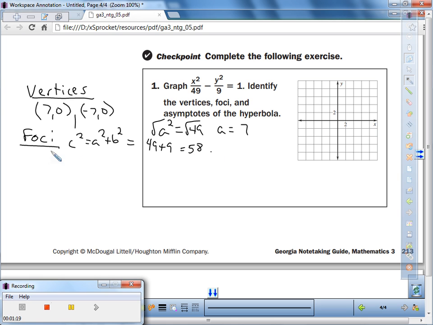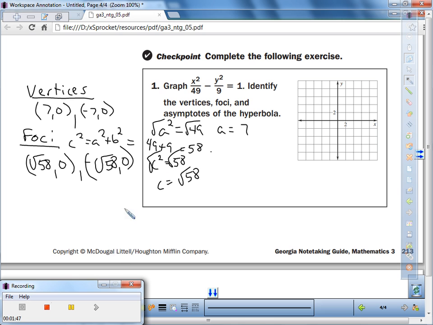For this particular problem, we actually need to come up with what c is equal to. So c is equal to the square root of 58. It's going to lie on the same axis, so we'll have square root of 58, 0, and negative square root of 58, 0.